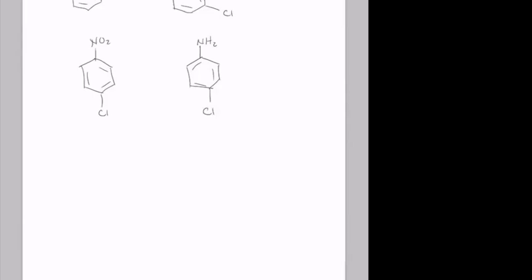Okay, which of these four could undergo nucleophilic aromatic substitution? Just to refresh your memory, there were three rules, three different criteria that a compound has to meet in order to be eligible for nucleophilic aromatic substitution. So of these four, A, B, C, D, which ones would qualify?